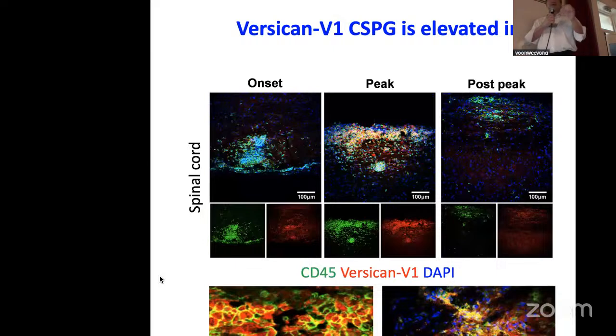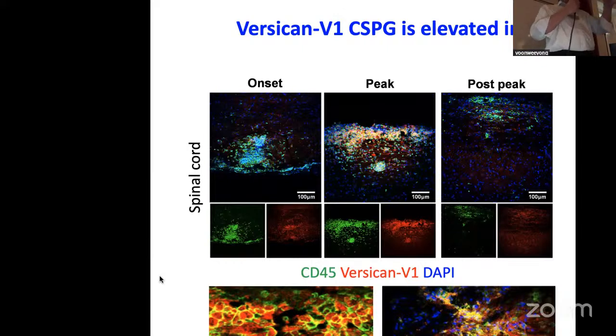Looking first at the accumulation of CSPGs, this work shows that CSPGs are deposited in lesions of EAE and MS. Of the lactican CSPGs that I referred to earlier on, the one that we keep implicating is Versican V1.